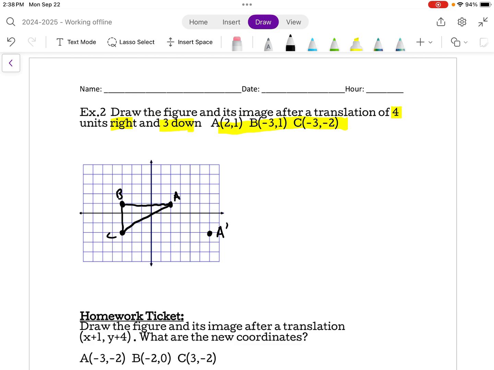I'm now going to call this A prime. B, 4 to the right, 1, 2, 3 down, that's B prime. And then C, 4 right, 3 down, that would be C prime. And then here is my new image. And if you look at those two, they look exactly the same. It's just one has been slid to the right and then down.